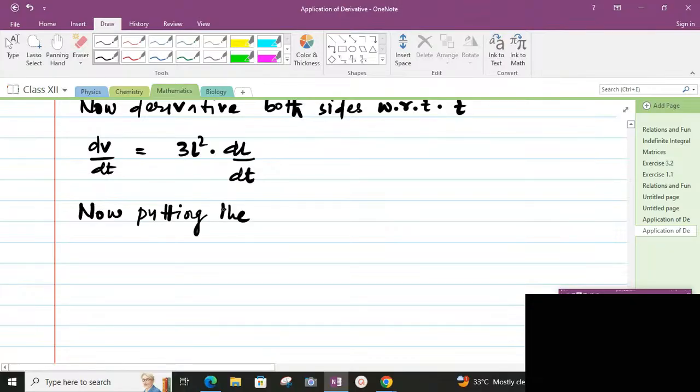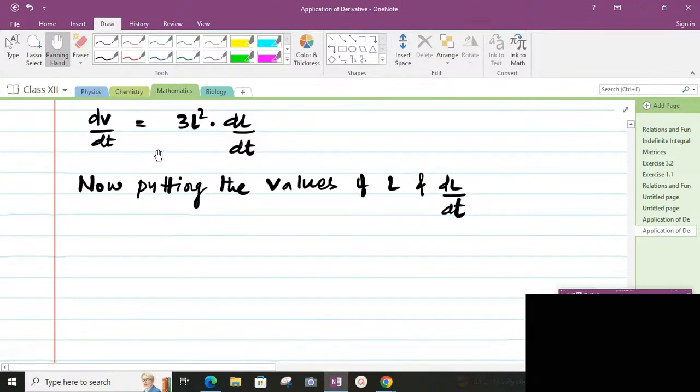Here the value of l is 10 centimeter and dl by dt is 3 centimeter per second.